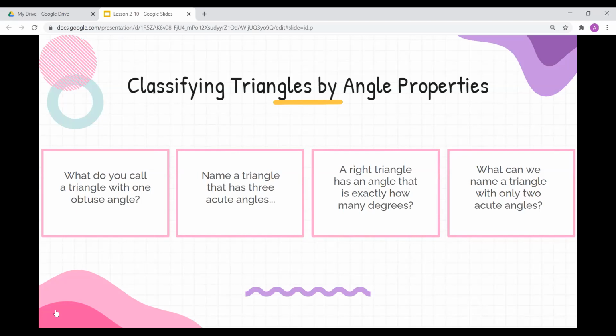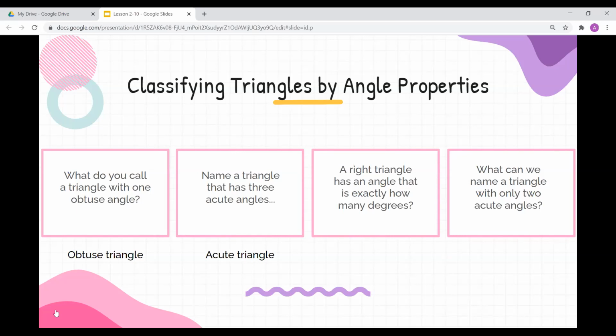Here's the answer to question number 1, obtuse triangle. An obtuse triangle is what we call a triangle that has an obtuse angle. Now remember, that means that the angle is going to be larger than 90 degrees. Next one, question 2, acute triangle. Any triangle that has 3 acute angles will be known as an acute triangle.